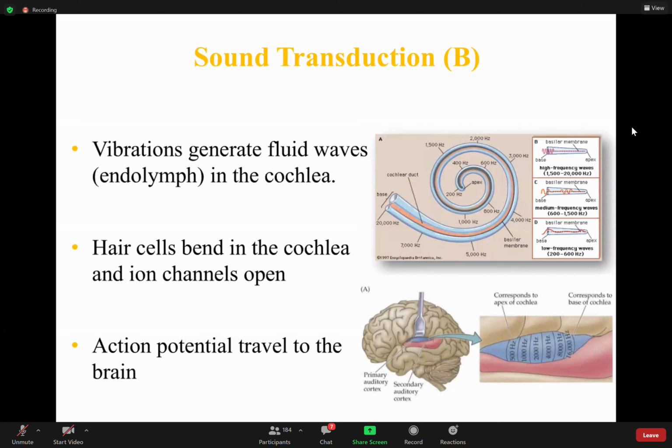Remember that high frequency sounds have these curves, as you've seen, that are closer to each other. Eventually, these curves will also displace the water much more abruptly.